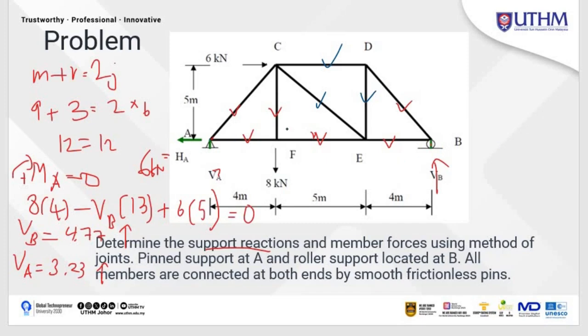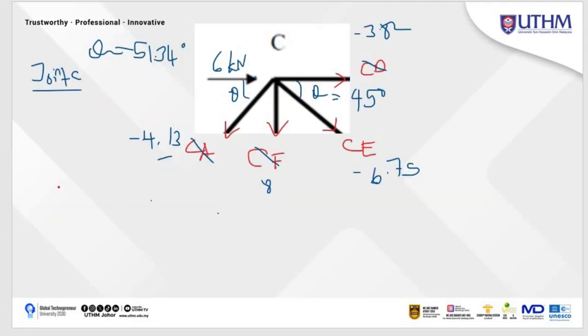If you look here, we can choose joint C. We can check whether we get balanced forces or not. If we choose Fx, Fx to the left equals Fx to the right, you just choose the equation of equilibrium.